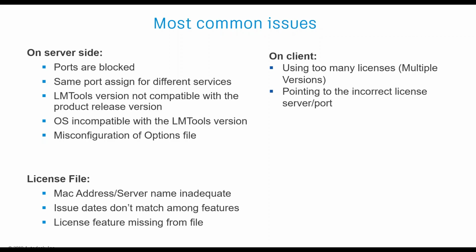It could happen also that, for example, a subscription was renewed, and some licenses, including the license file, are technically expired. So again, new license file, so we don't have expired licenses in there.